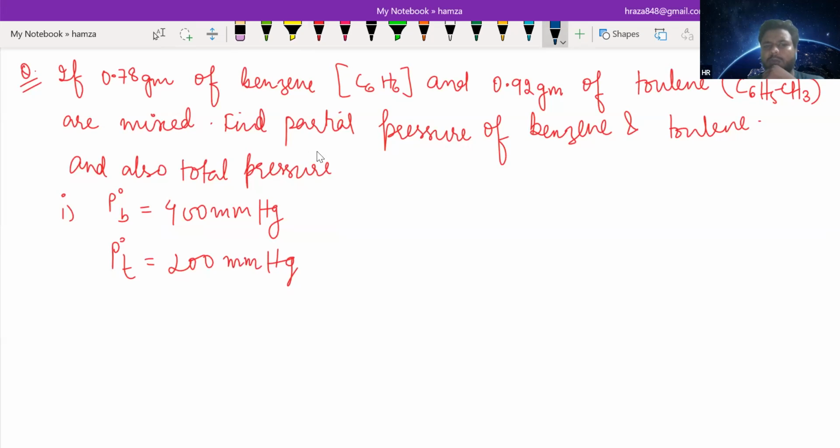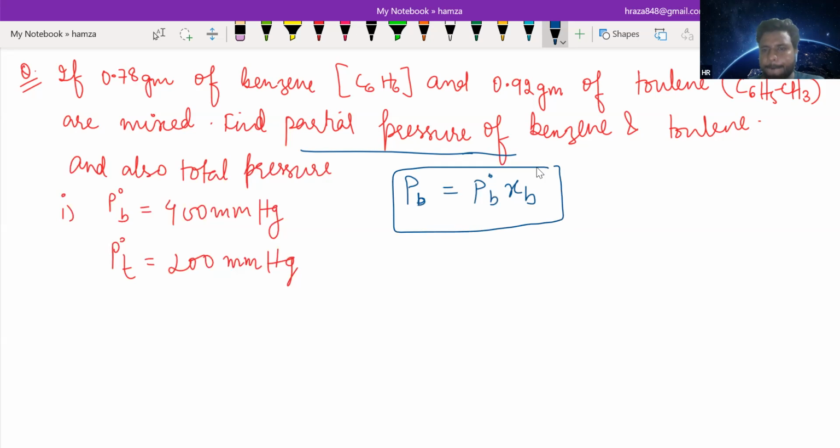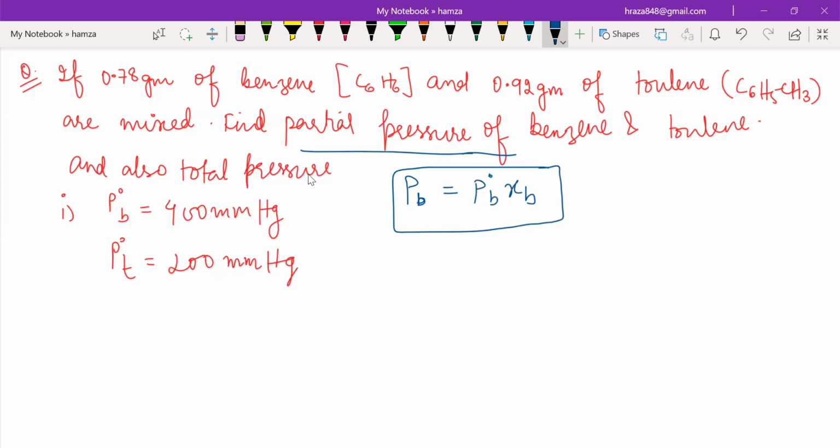Now we need to calculate the partial pressure of benzene. If I represent it with a small b, there will be a formula: partial pressure of benzene equals pure pressure of benzene into mole fraction of benzene.